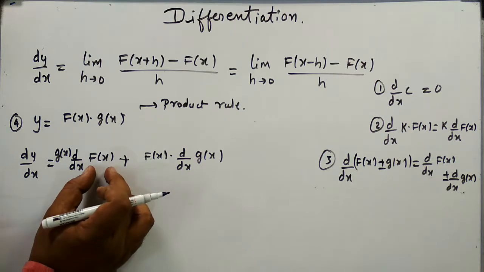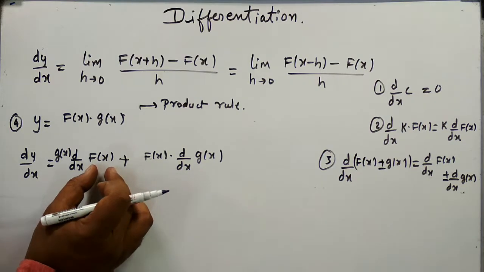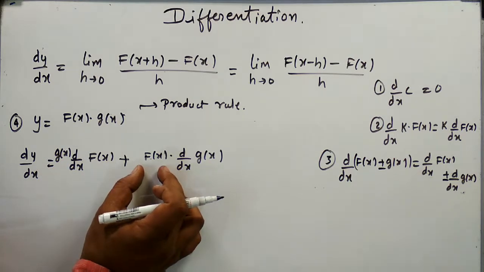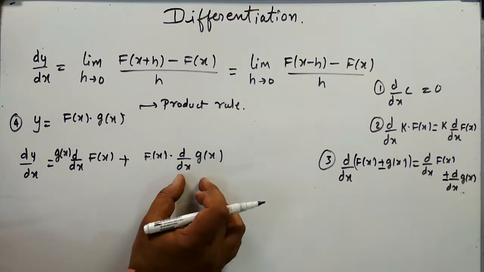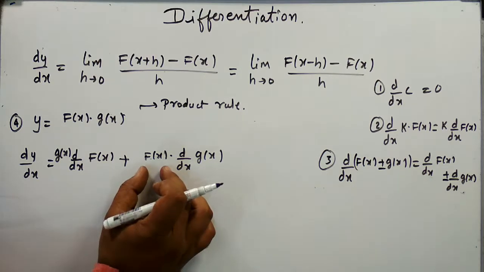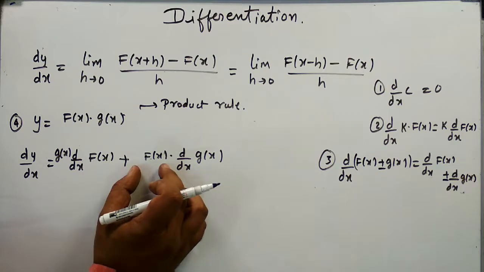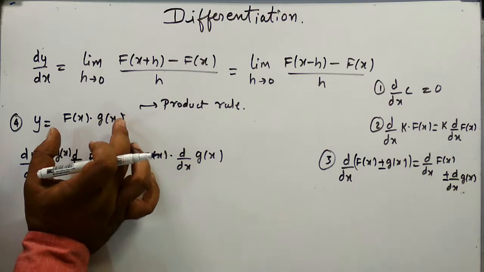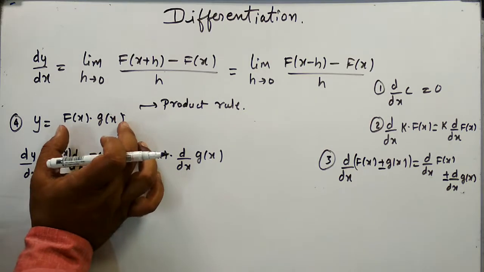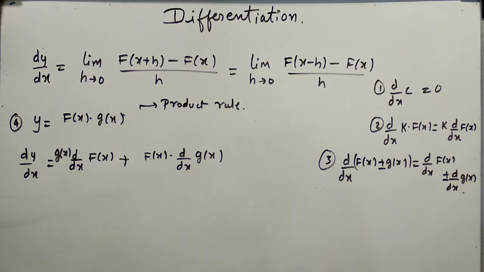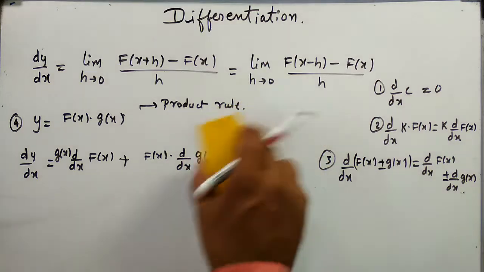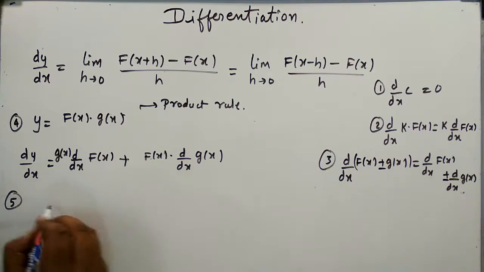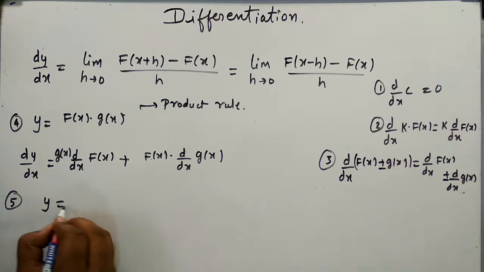You have to first find the derivative of f of x, multiply it by g of x, plus you now find the derivative of g of x, and multiply this derivative with f of x and add both the terms. Okay, if you want to see the derivation of this product rule, you can check the next video of the playlist.